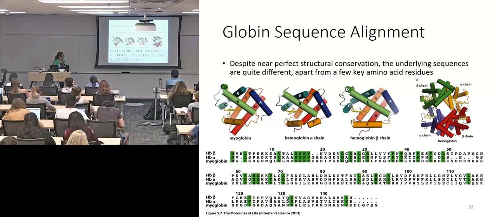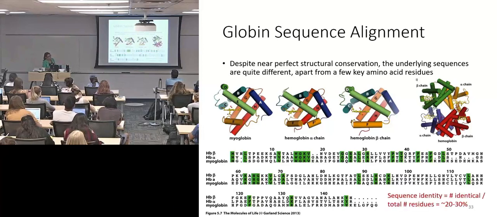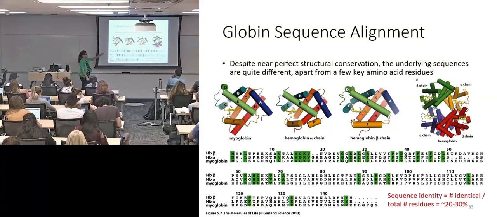Okay? So what percent is identical, would you say, out of these 3, roughly? Just estimate the amount of green you're looking at out of all of them. I heard 15. Any other guesses? 20. Great. So sequence identity is the number of identical residues you have in the same position.